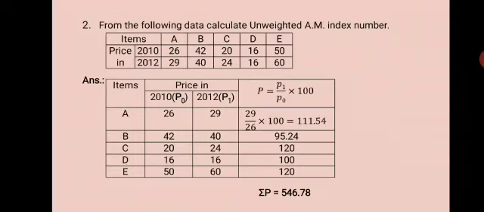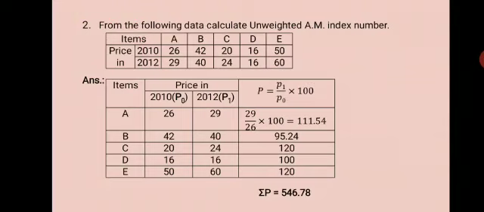Then we have the second question, that is from the following data calculate unweighted arithmetic mean index number. Here the data is given as items A, B, C, D and E with respective price in 2010 and 2012.